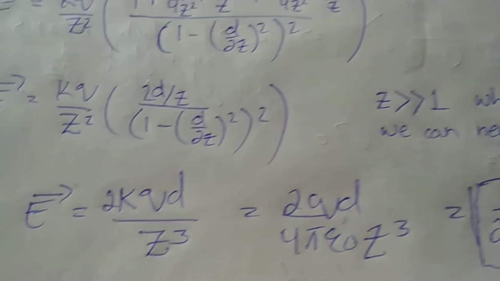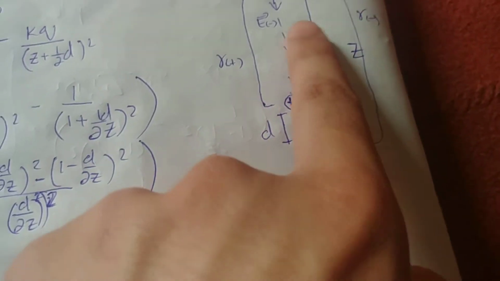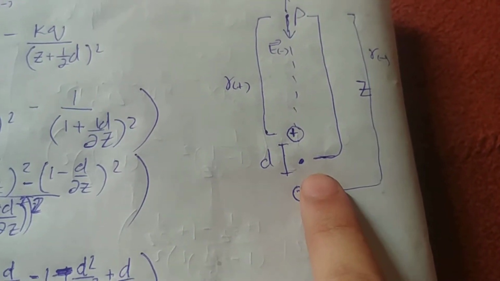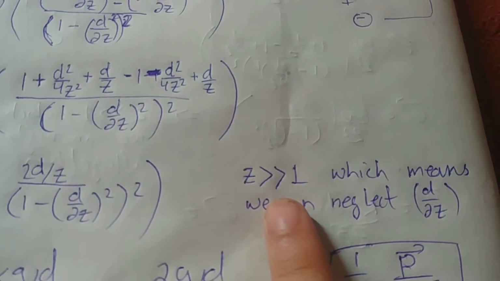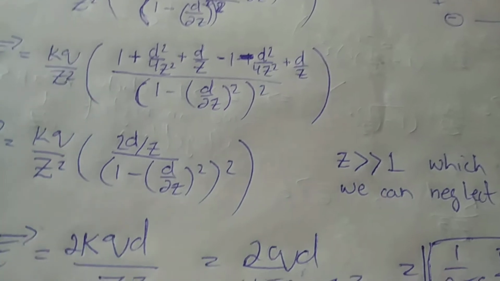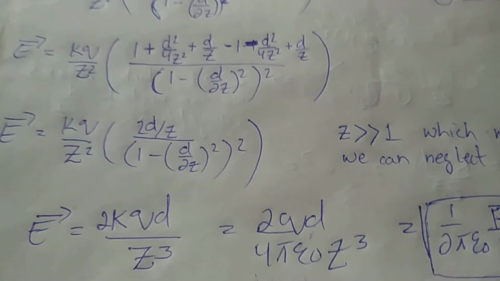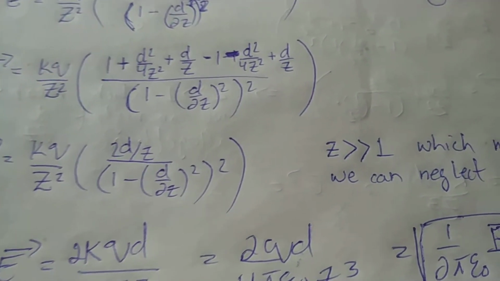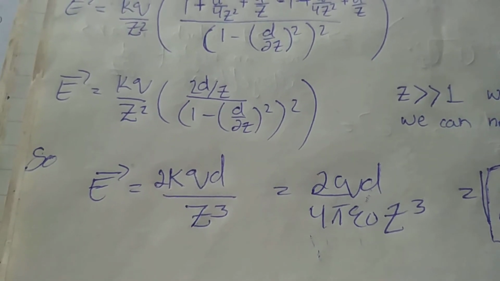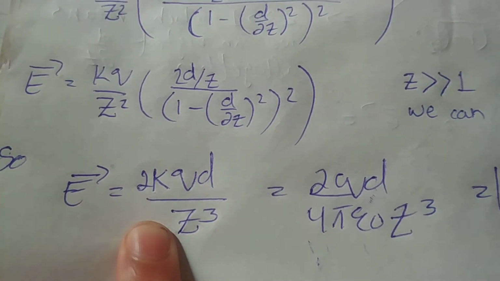Here's the magical part. Notice that the distance z, which is the distance from the center of the dipole to the point P, is very, very large compared to 1. So it means that we can neglect this term right here, because when we divide a number by a very large number, we get close to 0. So we can drop this term, and we're left with this.